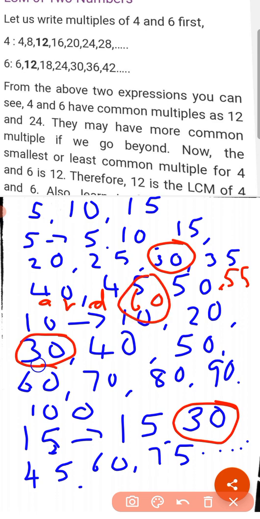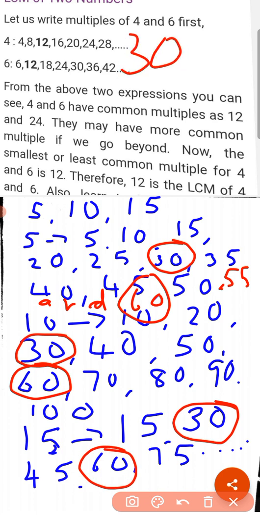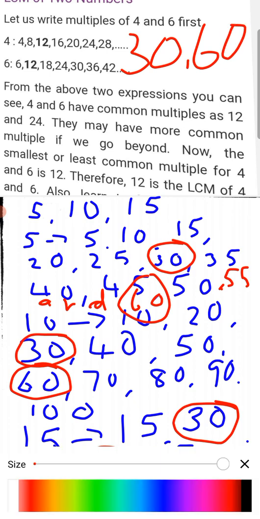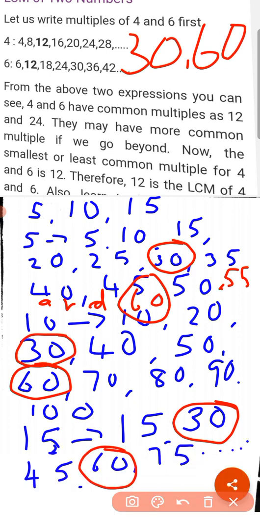So the common multiples are 30, 60. Out of these, which is the least number? 30. So the LCM of 5, 10 and 50 is 30.